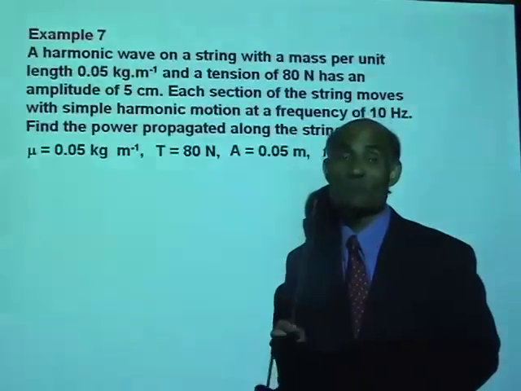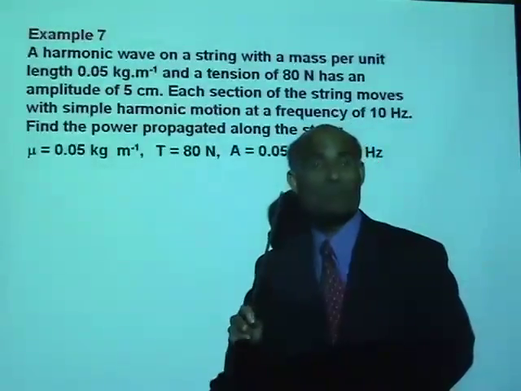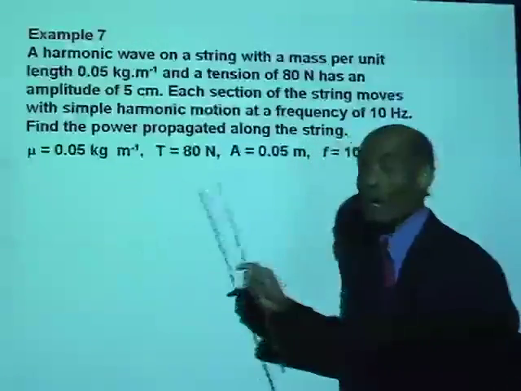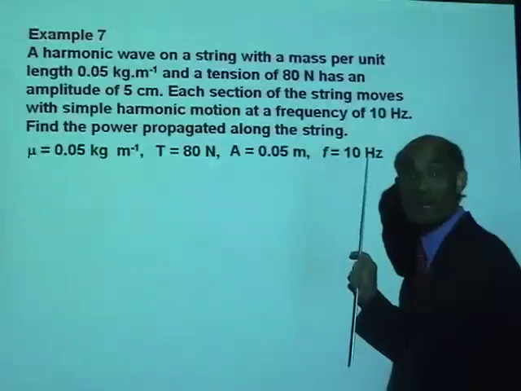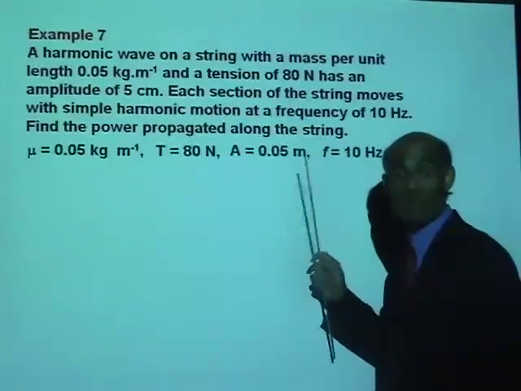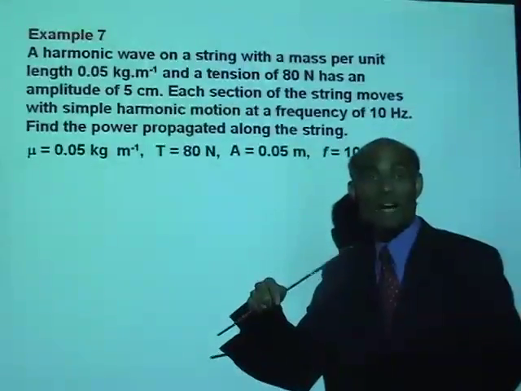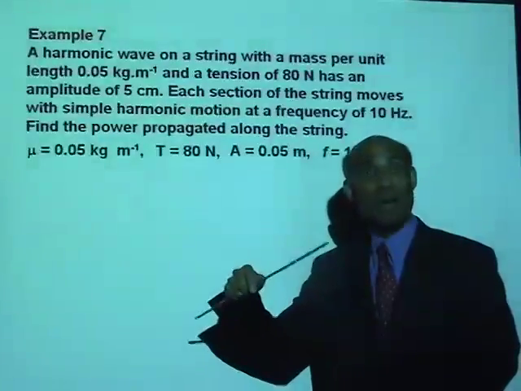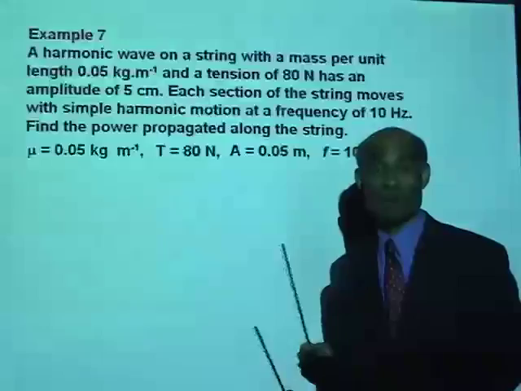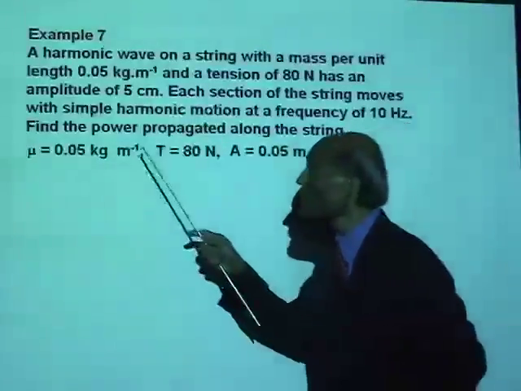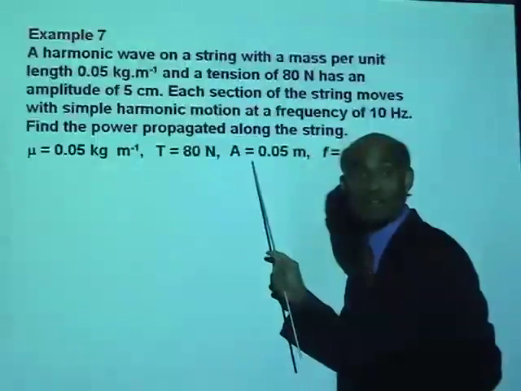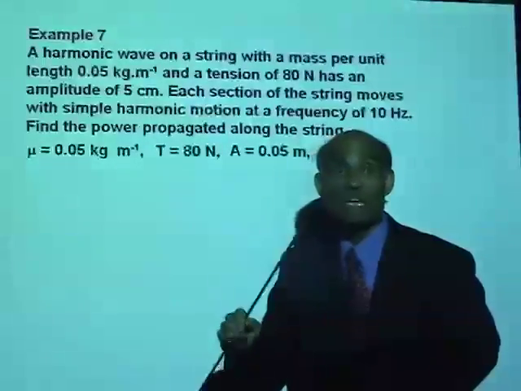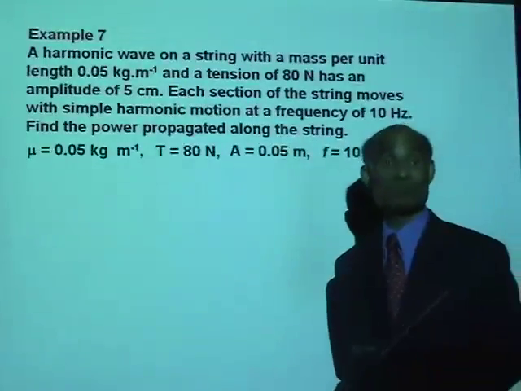The power transmitted is 1/2 mu is there. Omega squared, omega can be obtained from the frequency. Now, what is the relation between omega and the frequency f? Omega equal to 2 pi f. Alright, omega squared, A squared, you know A, times V, the speed. We now need to find the speed.